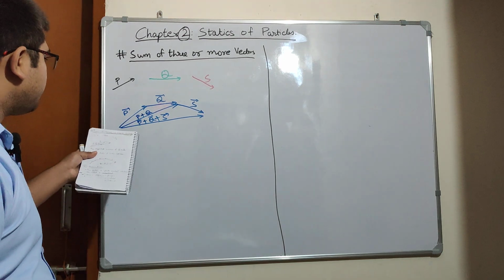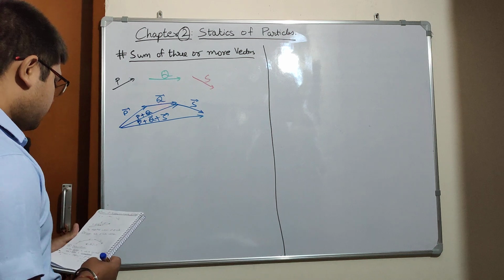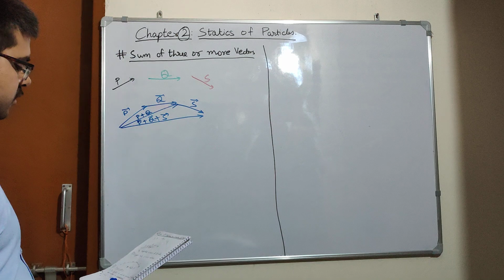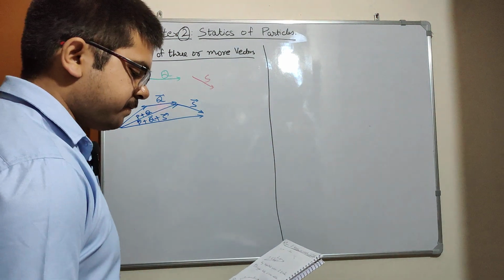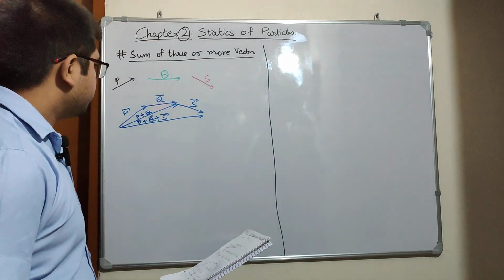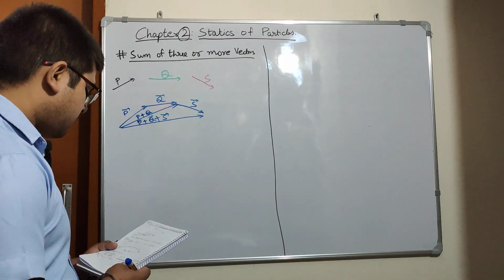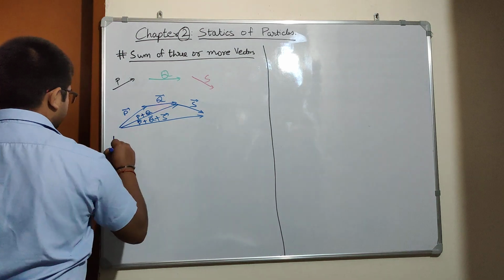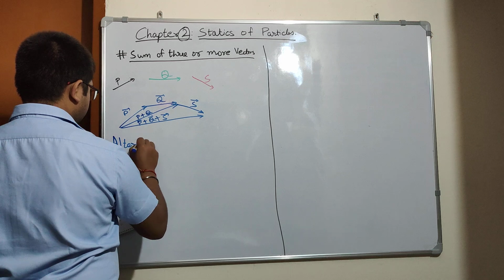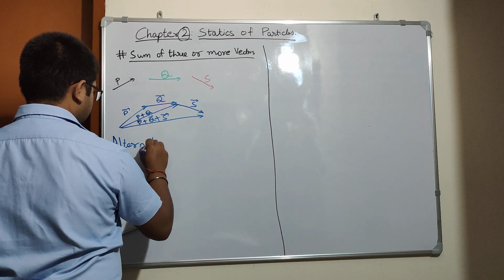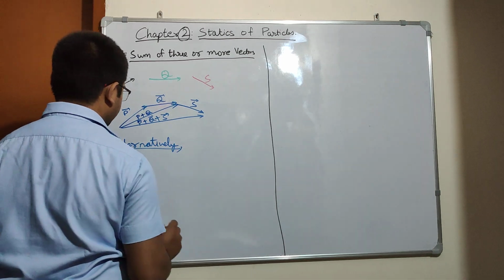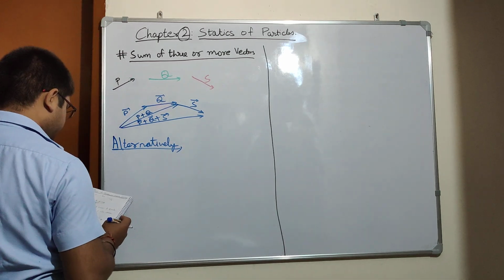So by repeatedly applying triangle rule, we can get the resultant of p plus q plus s vector. Alternatively, we can use polygon rule of vector addition.